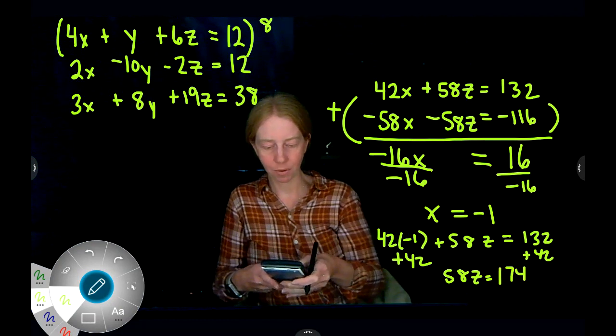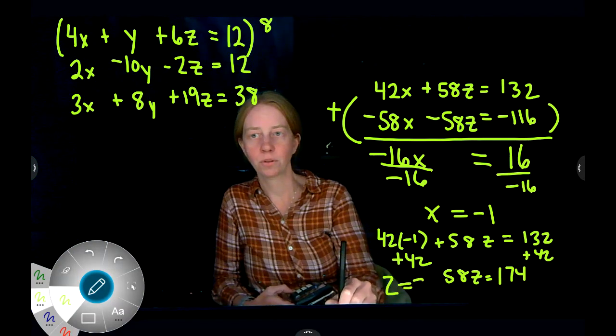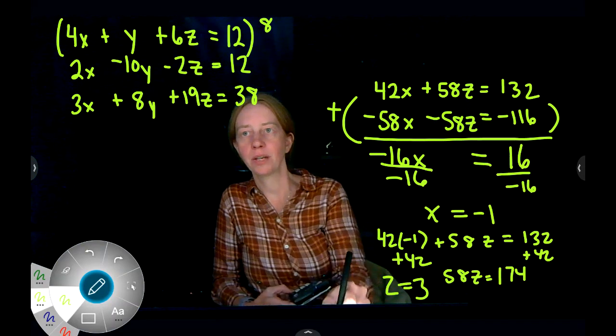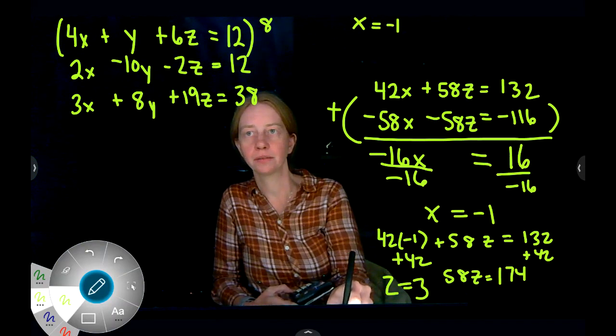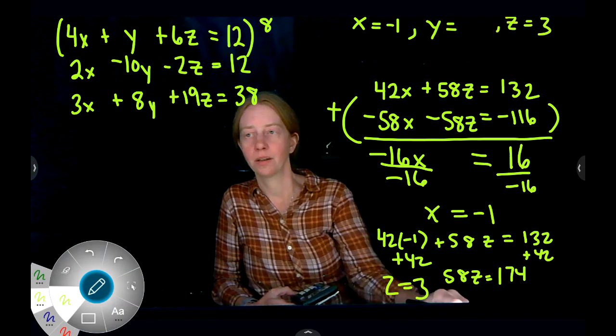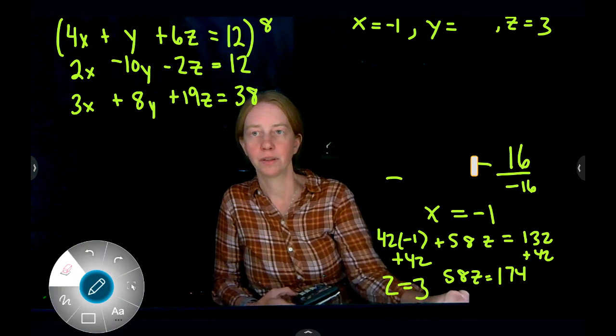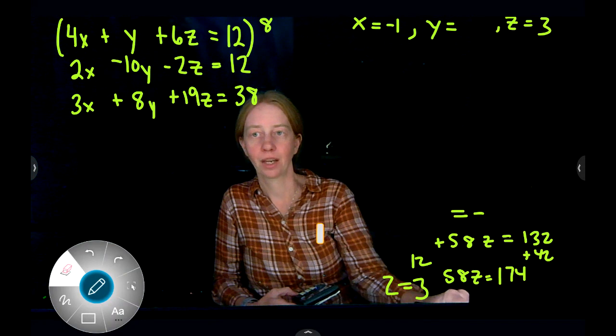Divide by 58 on both sides, and z equals 3. Okay, so we have x equals negative 1. We don't know y yet. And z equals 3. I'm going to erase this stuff and get us some room for our last step.